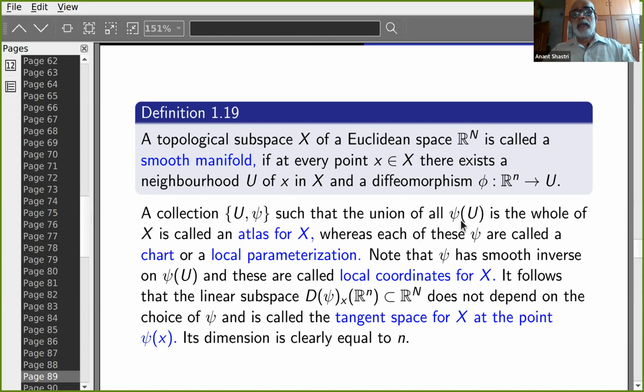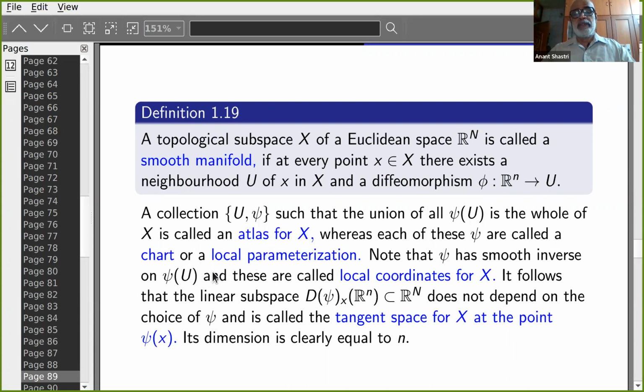Each such pair (U, psi) is called a chart or a local parameterization. So phi is a chart actually. Psi is called a local coordinate.